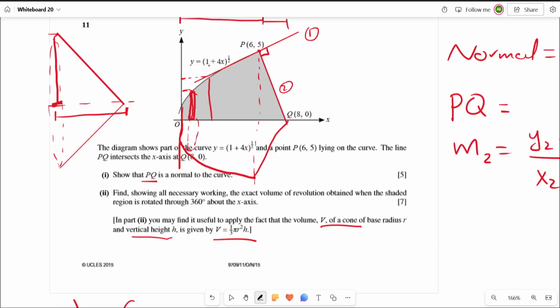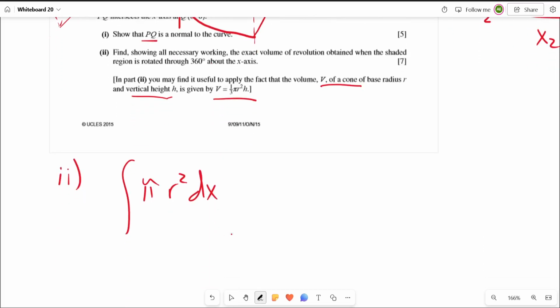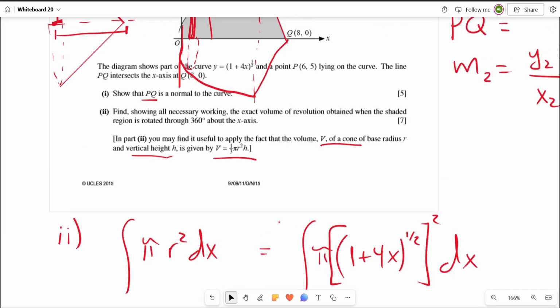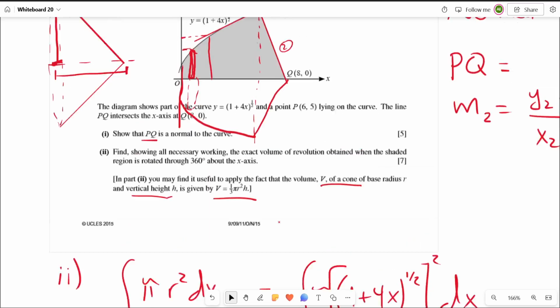So my radius is going to be 1 plus 4x to the power of half. So this is going to equal the integral of pi times (1 plus 4x to the power of half), everything squared, times dx. Now this should always be a definite integral.